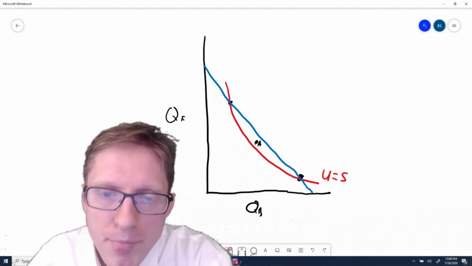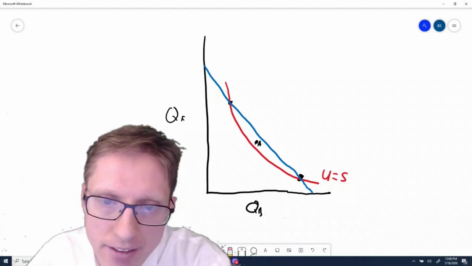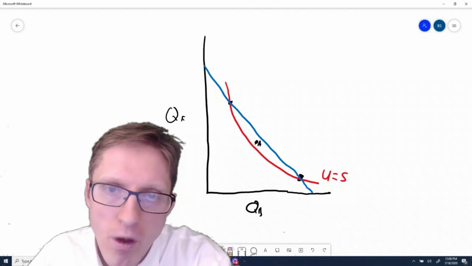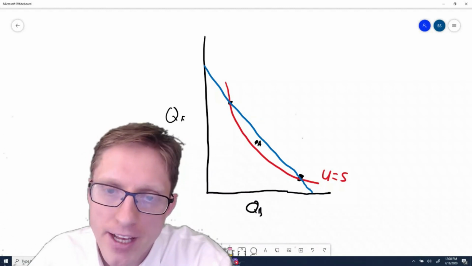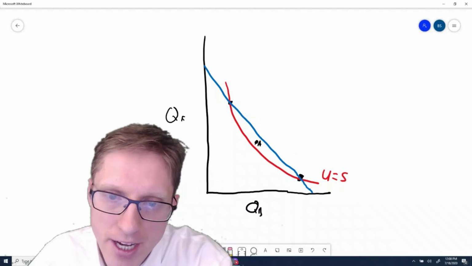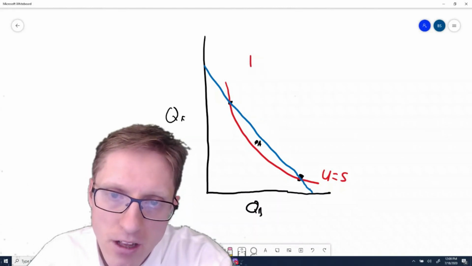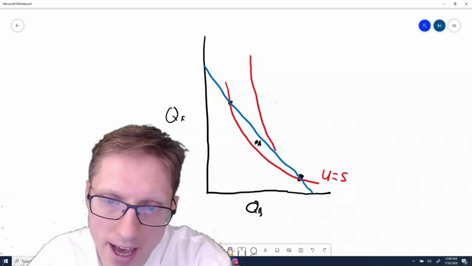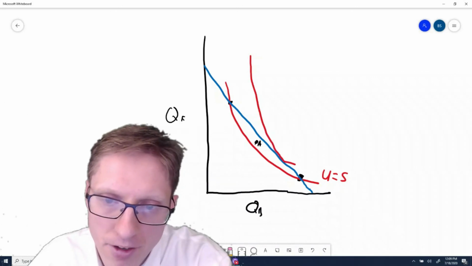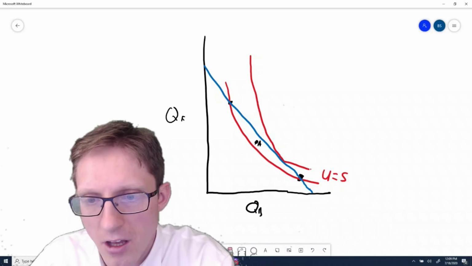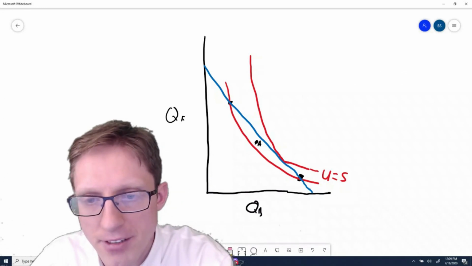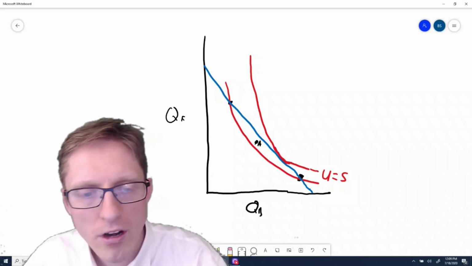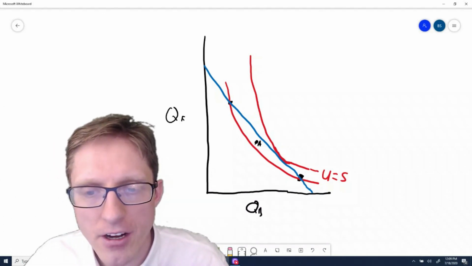When will there not be an area between the indifference curve and the budget line? When will there not be a bundle that is preferred to any bundle on that indifference curve? Well, the answer is when we have a bundle where, this is supposed to be continuous because we assume it's differentiable, we're assuming that there's a point right here.